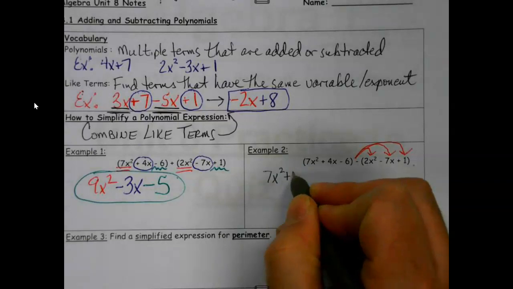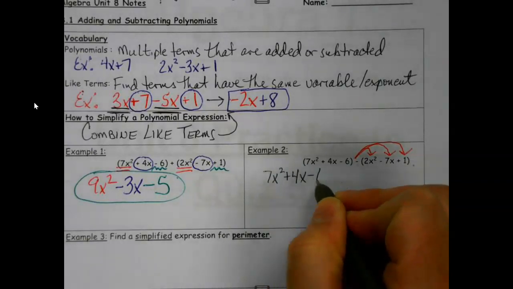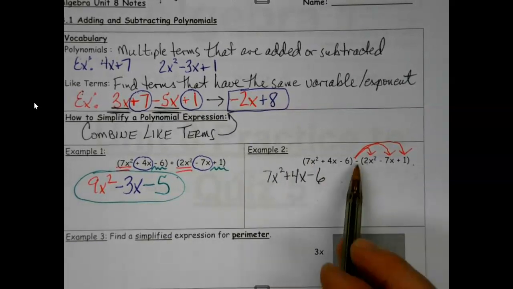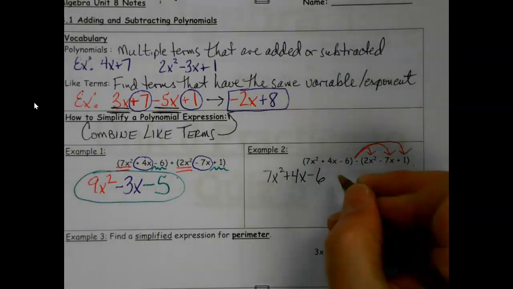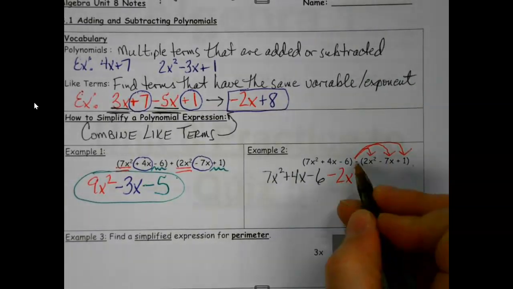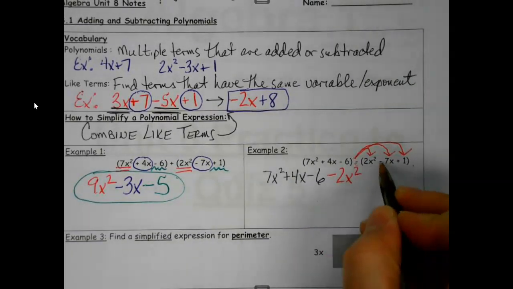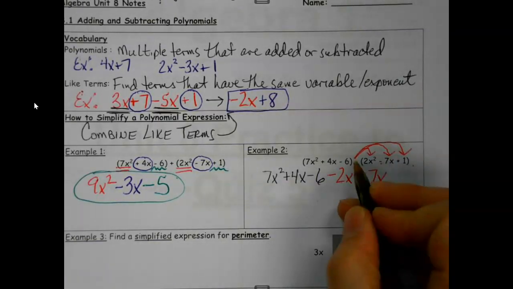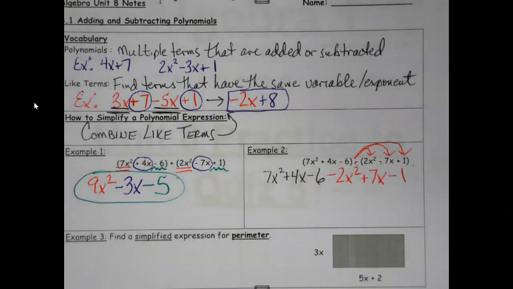I'm going to recopy the first quantity, the first set of parentheses, because there was nothing outside there to mess with it. But here, that minus or that negative is going to change the signs of all of these. So that'll become negative 2x squared. What's negative times negative do? Positive, that's right. And negative times positive is negative. So that's all I'm going to do for the first step, distribute my negative.